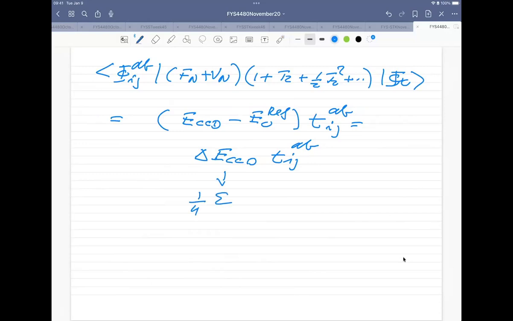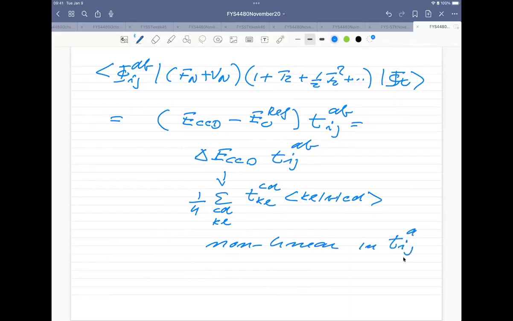And then I'm going to change the indices. So I write CD, KL. There is an amplitude, T, KL, CD. And then there is an integral over KL of V, CD. So this is nonlinear in the unknowns Tij, AB. And these are unknown.